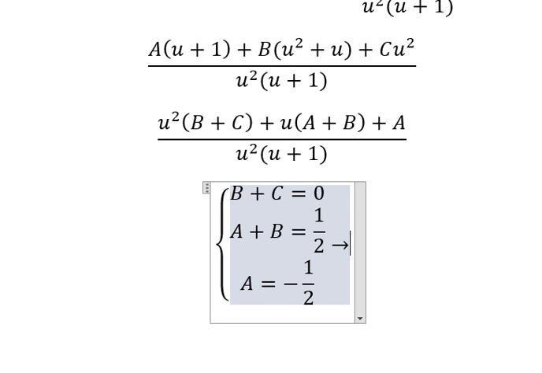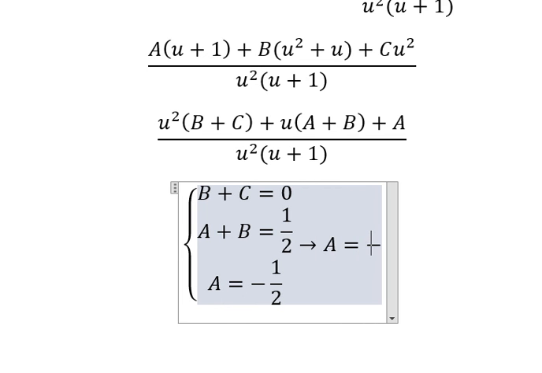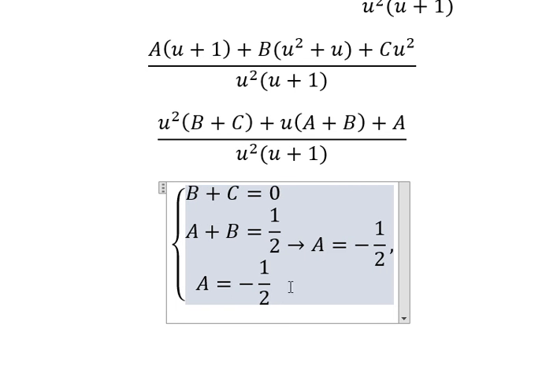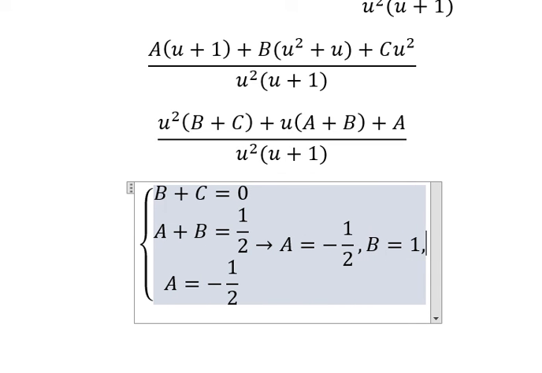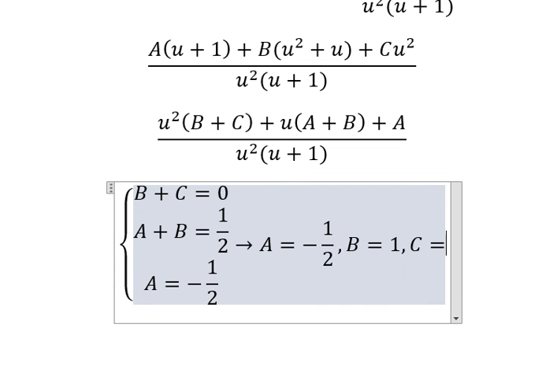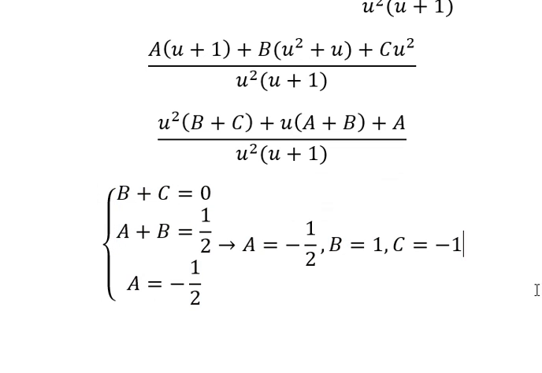So we have a equals negative 1 over 2. Now we put this one here to find the value of b. So b equals number 1. We have b equals number 1, we put in here, and we can find c equals negative number 1.